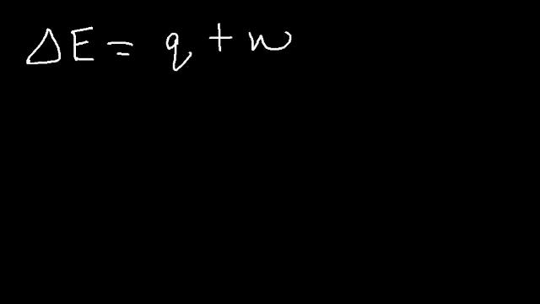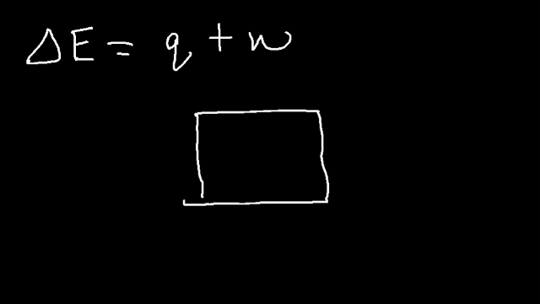Now, the first thing we need to talk about is the change in the internal energy of the system. Delta E is equal to Q plus W. Q represents the heat flow into or out of the system. So let's say the box represents the system, and let's say the temperature of the system is 100 and the temperature of the surroundings is 50.